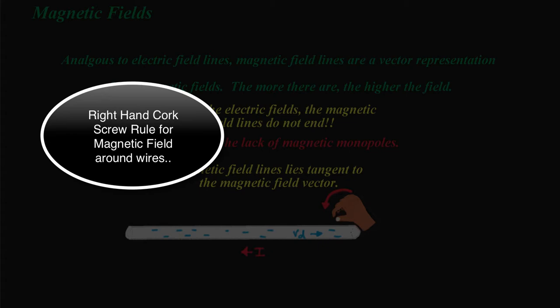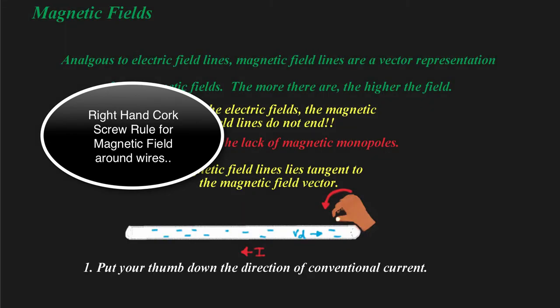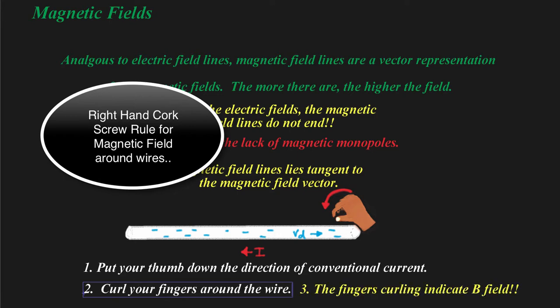All right? So let's use the rules again. Put your thumb down the direction of conventional current. Then you're going to curl your fingers around the wire, and the fingers will tell you where the B field is at a point.